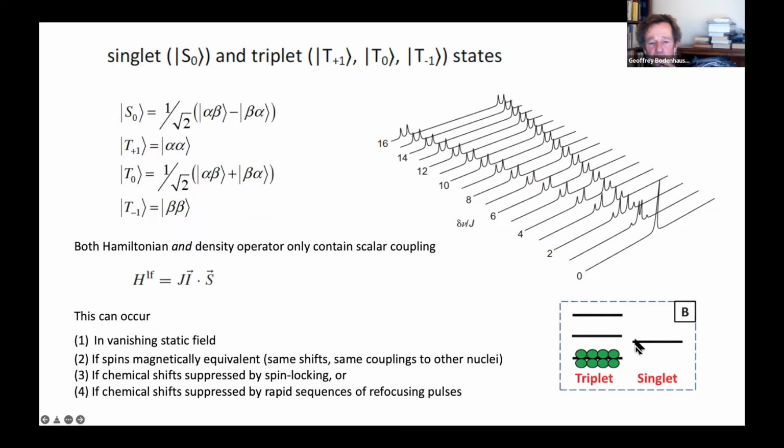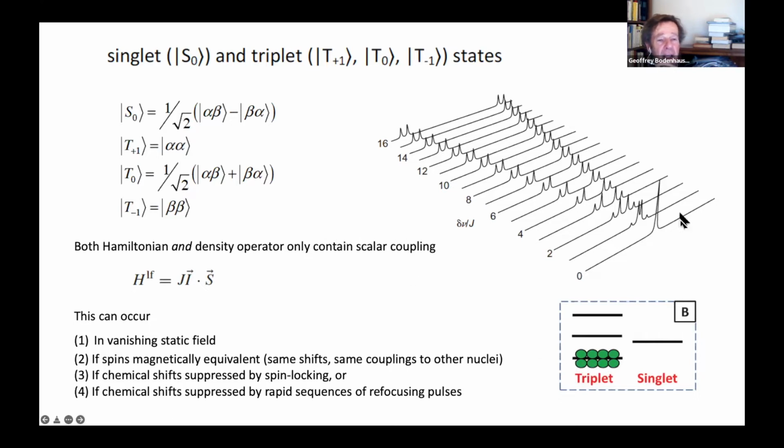The central one is almost degenerate with the singlet state, except for a slight shift given by J. And then I tentatively already introduced here the concept of populations. This is a population distribution that you would expect at very, very low spin temperature, in fact 0 degrees Kelvin, where all the populations would concentrate in the bottom state. That is more a Gedanken experiment than anything else.